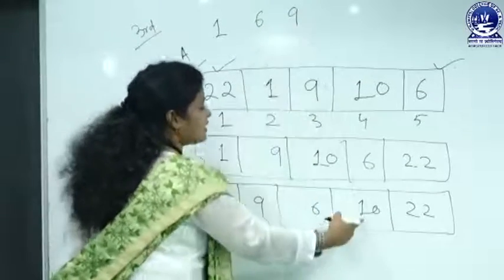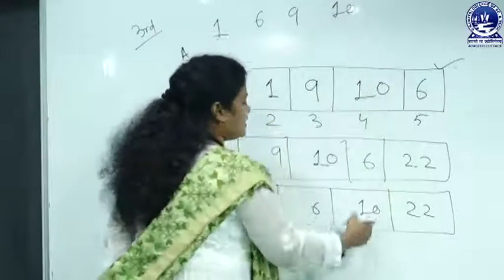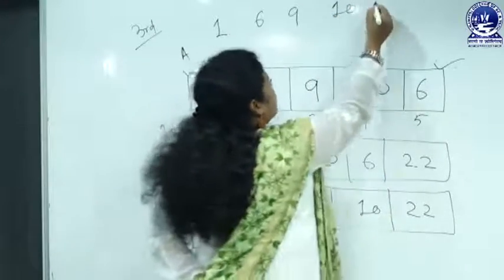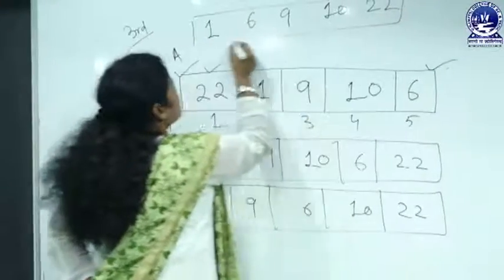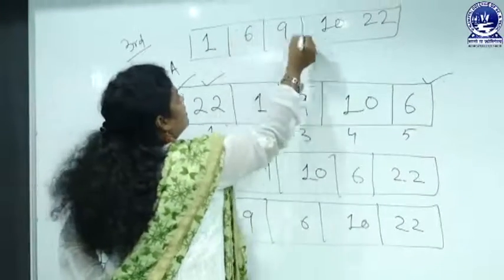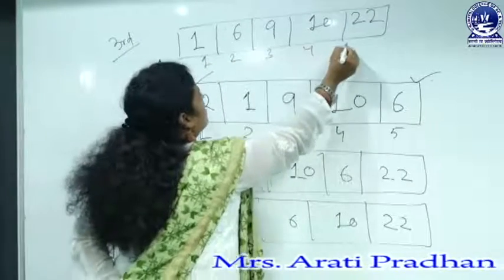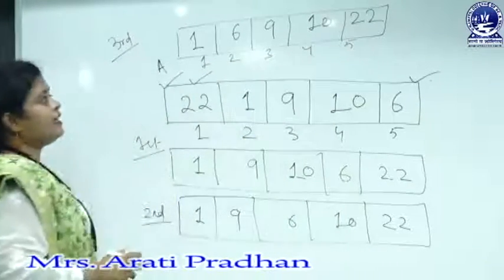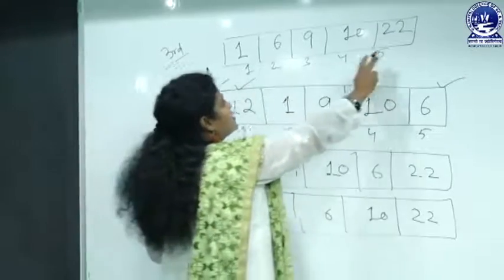Then 9 with the next location 10, no swapping, 10 will be as usual, 10 and 22 are already in the proper position. So, no swapping, and after the third iteration the list will be like this: 1, 2, 3, 4, 5. Here it is clearly visible that the list is sorted.